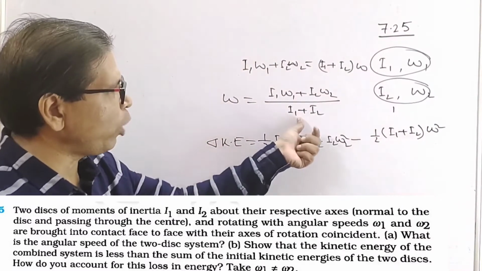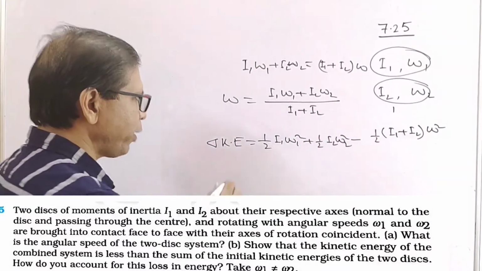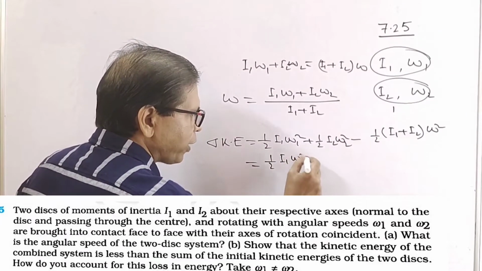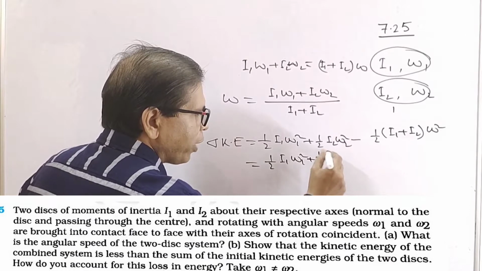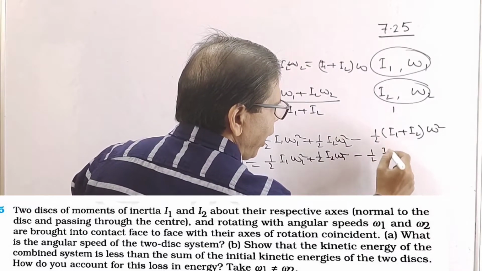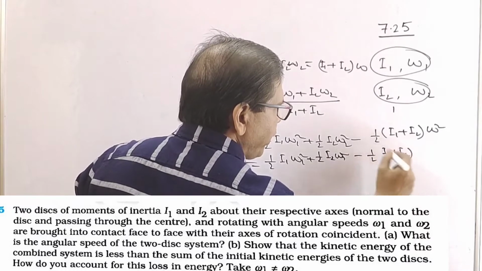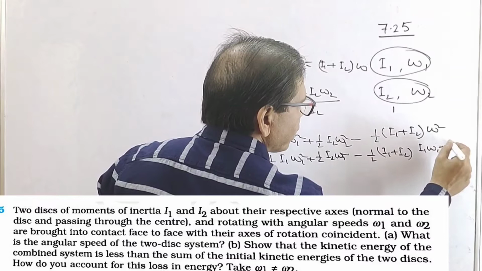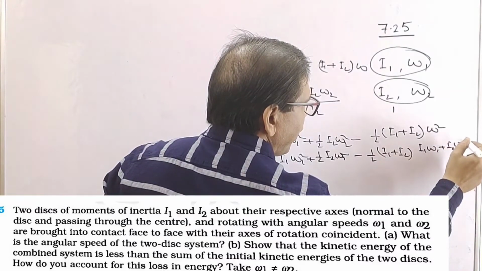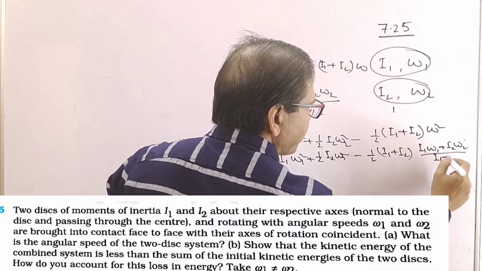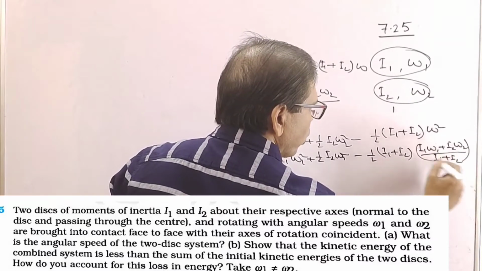If we put the value of omega, we get half I1 omega 1 square plus half I2 omega 2 square minus half I1 plus I2 into (I1 omega 1 plus I2 omega 2 divided by I1 plus I2) whole square.